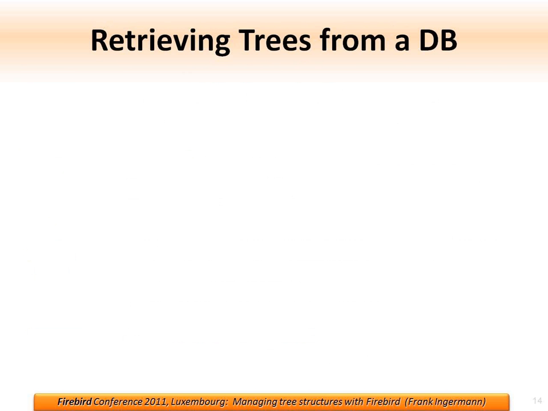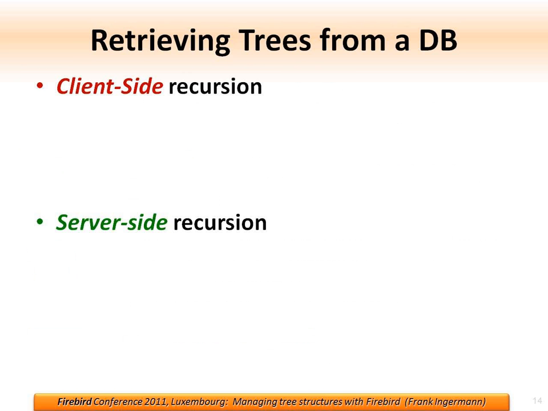So, what we need to do to get our tree back out of the database is to present it to the client, be it as a parent-child or threaded tree and whatever. We have basically 2 options. We can do the recursion on the client side, or we can do it on the server side. Client side recursion is what we usually do with ORM based approaches.